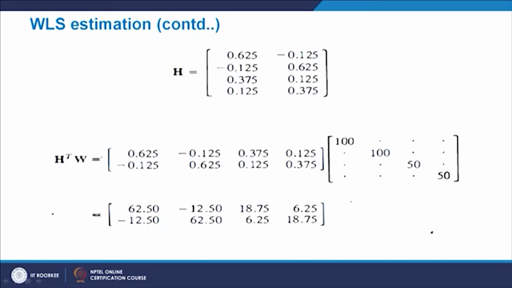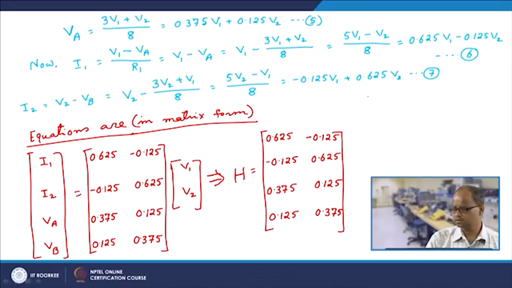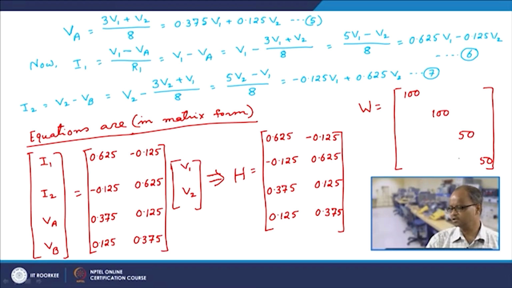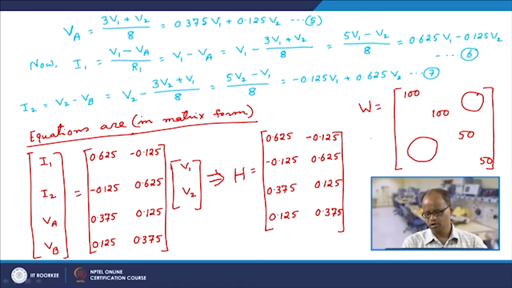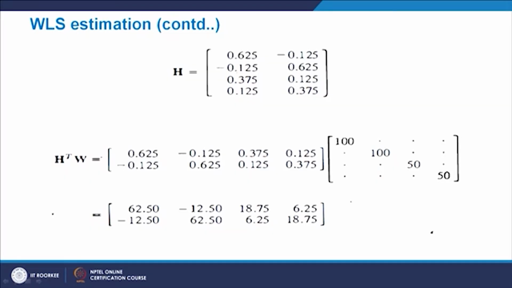Our W matrix, the weight matrix, is a diagonal matrix, a 4 cross 4 matrix: 100, 100, 50, 50, with the off-diagonal quantities 0. Then we compute H transpose W.